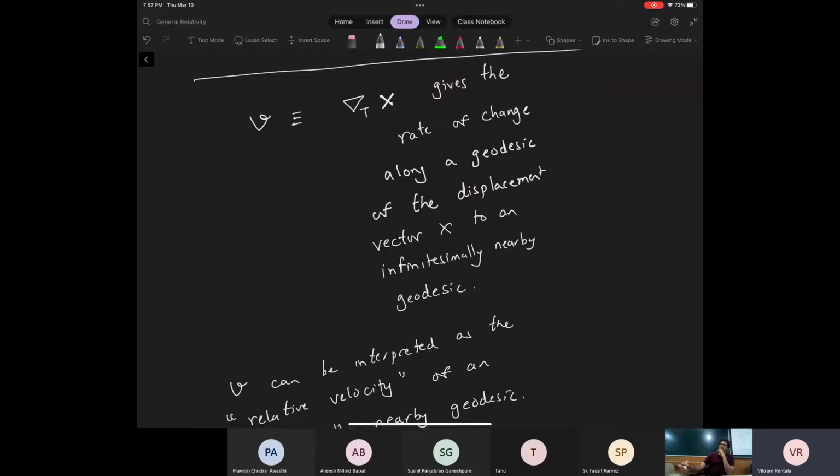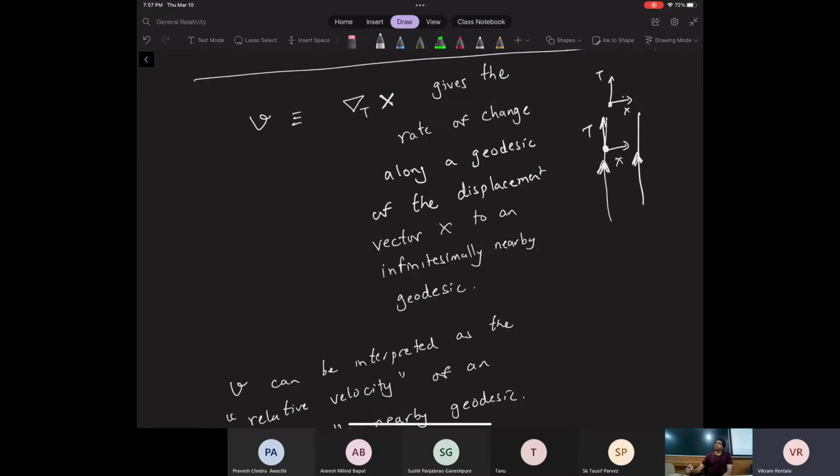So now let's suppose we have these geodesics. Roughly speaking, at this point, t is the tangent vector, x is some displacement vector to a nearby geodesic. And at this point, t is a tangent vector and x is another displacement vector.